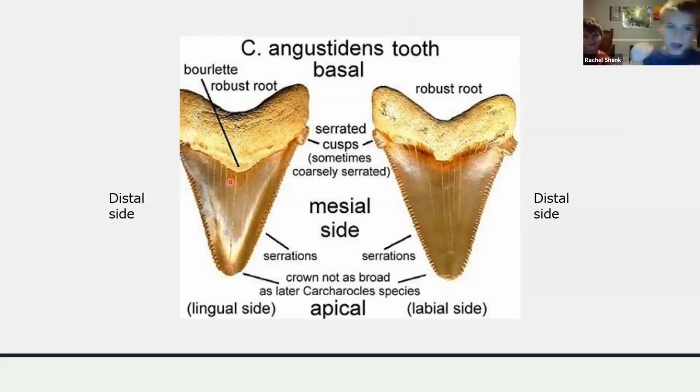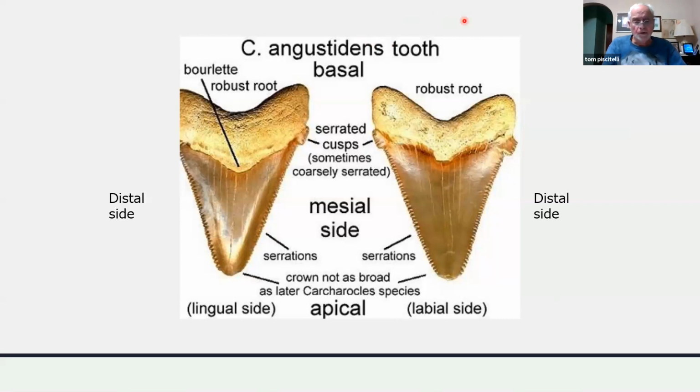And the species after the genus name. For this tooth and the next three teeth, the genus name has been changed from Carcharocles to a genus name of Otodus.